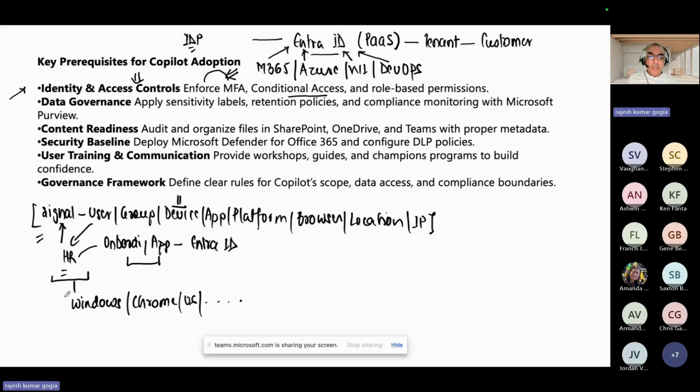So you're defining a list of signals, and based on that, whether to allow or deny.